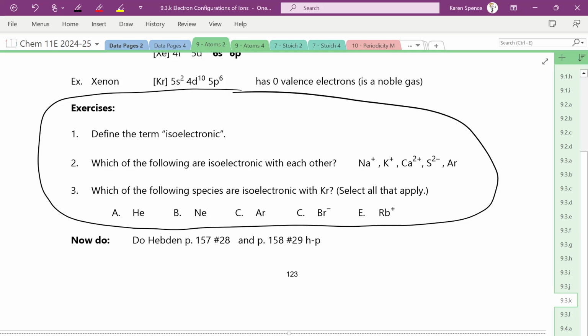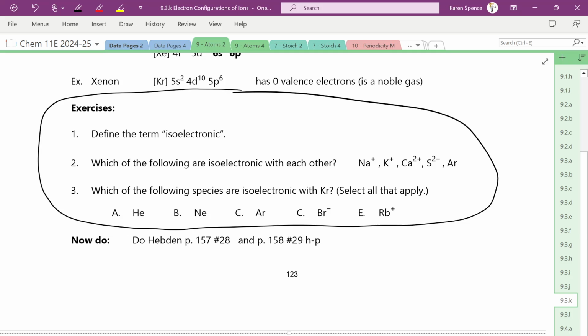Would you guys be ready to write a quiz on electron configurations on Thursday? It's Thursday. On electron configurations, just electron configurations. I think you'd be ready. Be able to write electron configurations. I mean, there's not much to it, right? Here's an element, write its configuration.